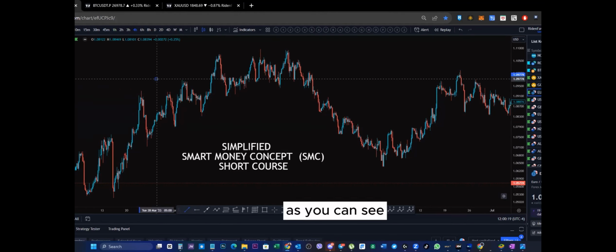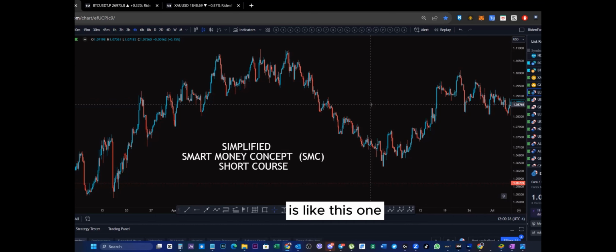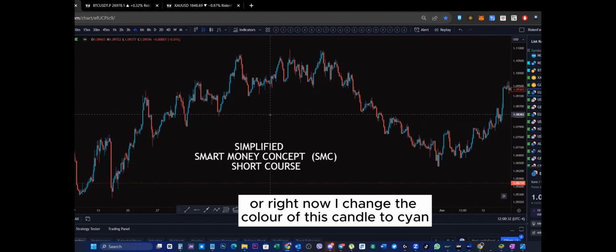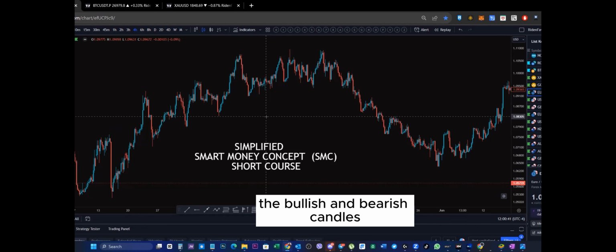As you can see, in our TradingView chart, normally the price in stocks, Forex, or crypto is like this one. We are now familiar with green candles, or right now I changed the color of this candle to cyan. So we have green candles and red candles, the bullish and bearish candles.